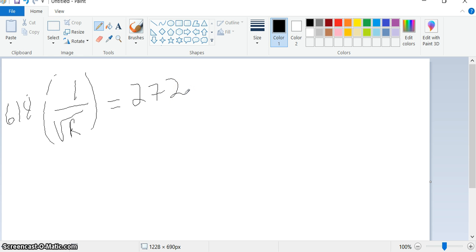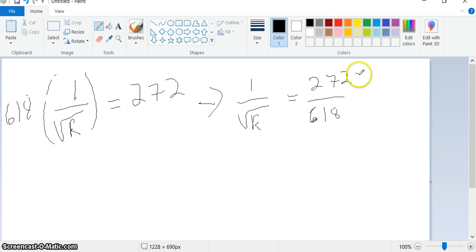Just rearranging this equation, it becomes 1 over the square root of r, where r is in solar units, equal to 272 divided by 618.